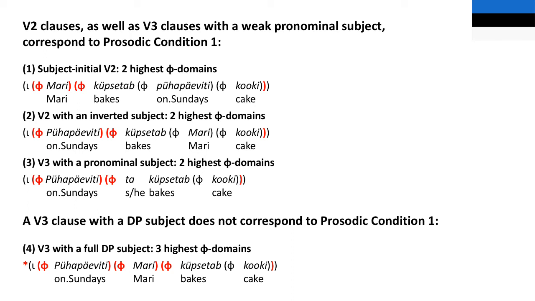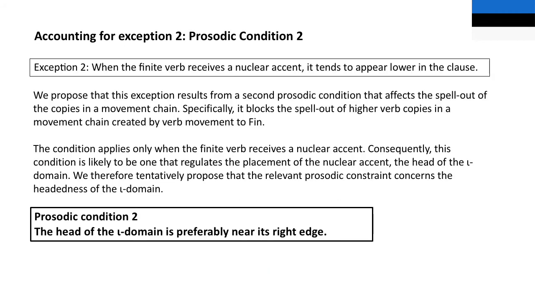To summarize, we propose that Estonian V2 results from a constraint on the number of highest level phi domains. This constraint blocks the spellout of the highest copy of a DP subject and causes a lower copy to be spelled out. As was mentioned in the beginning, there is a second prosody-related exception to Estonian V2.